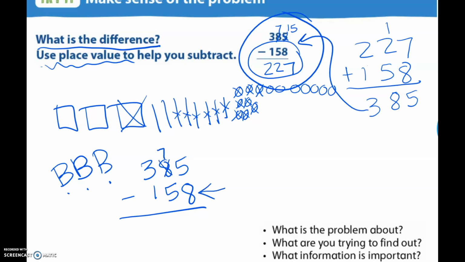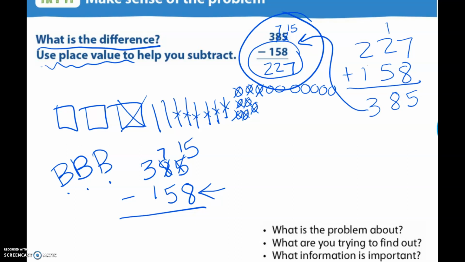So if you have the bigger bottom, you must borrow. That means you're going to take one of the 10s and move over to the 1s so that you have enough. Then I like to, before I ever start subtracting, look and say, okay, my bottom's not bigger, my bottom's not bigger, my bottom's not bigger. Now I can subtract. If my bottom was bigger right here on the 10s place, I would want to regroup again. But since it's not bigger, we can just subtract now.